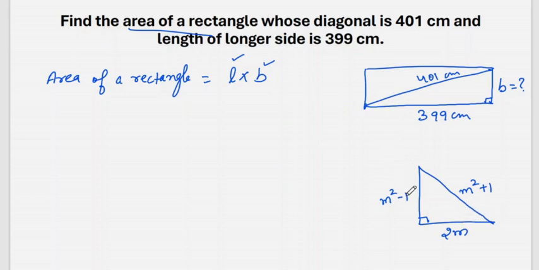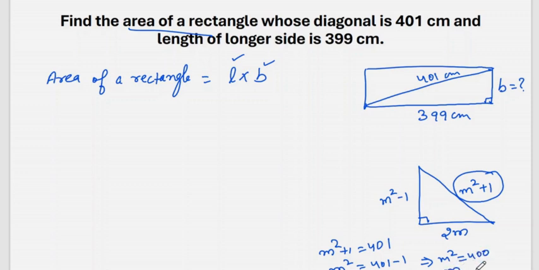How? See, this is the diagonal, so m square plus 1 equal to 401. So m square equals 401 minus 1, so we got m square equal to 400, so m equal to 20.